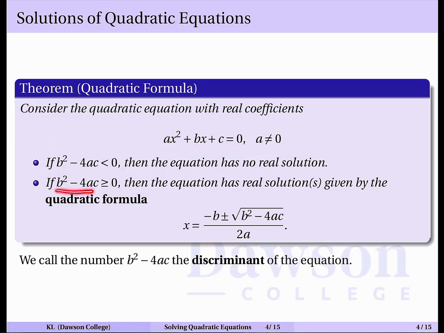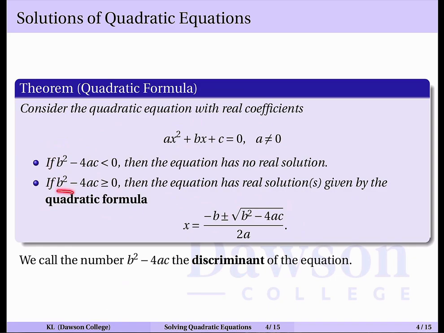If the discriminant is greater than or equal to 0, then the equation has real solutions. Now notice, if b squared minus 4ac is equal to 0, then the square root of 0 is also equal to 0. So this one will just disappear and you still have a solution. Your x will be negative b over 2a.